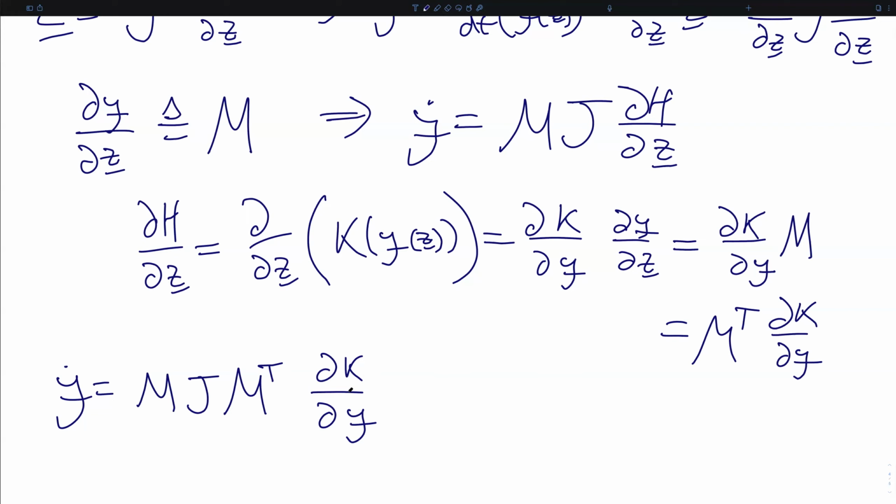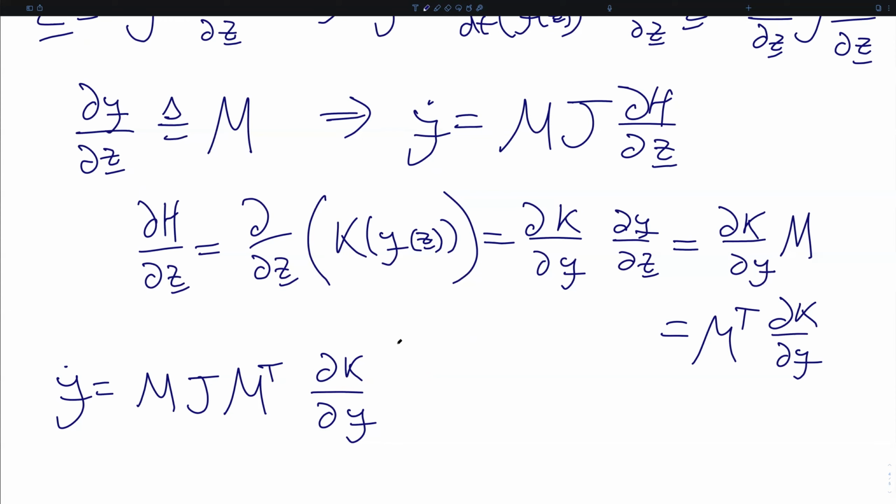Remember, what we're looking for is a Hamiltonian structure, in which case we have just J times the partial of the Hamiltonian with respect to our coordinates. If we want this whole matrix, M J M transpose, to be equivalent to J, then M must be itself symplectic.